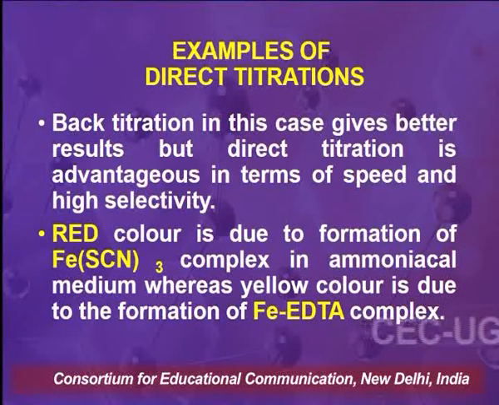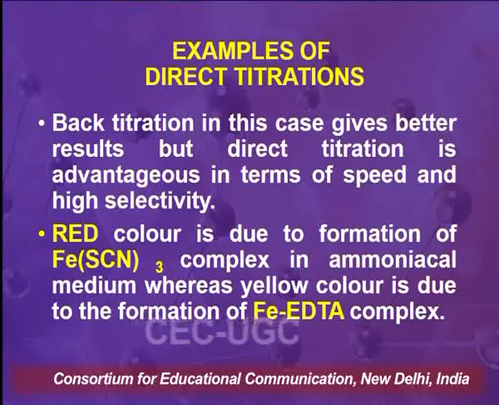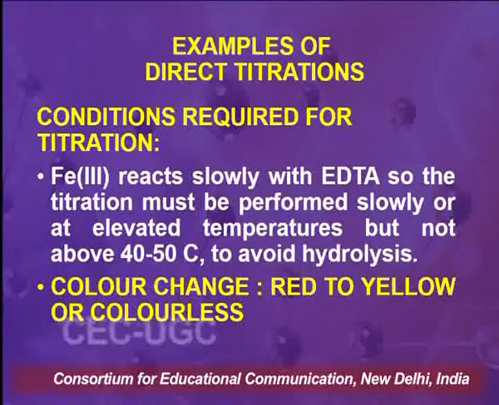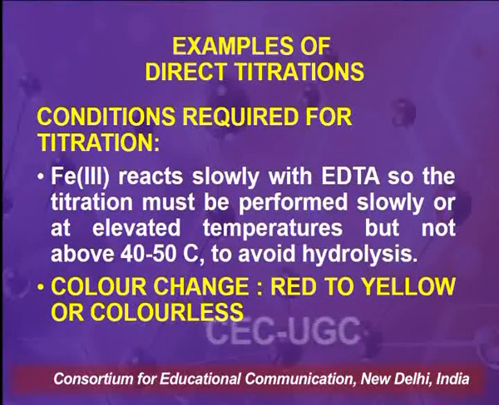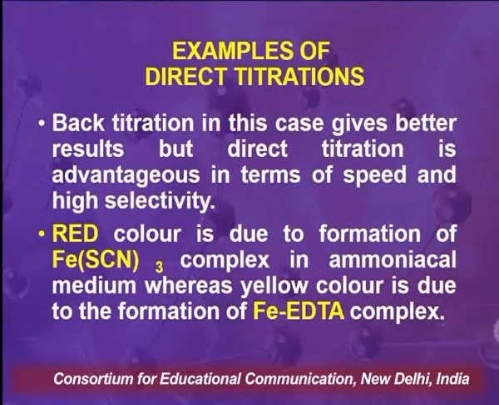Red color is due to the formation of ferric thiocyanate complex in ammoniacal medium, whereas yellow color is due to the formation of the iron EDTA complex. So, in this case, when we are talking about a red to yellow color change, the red color is due to the complex of iron and the indicator, whereas the yellow color is due to the iron EDTA complex.